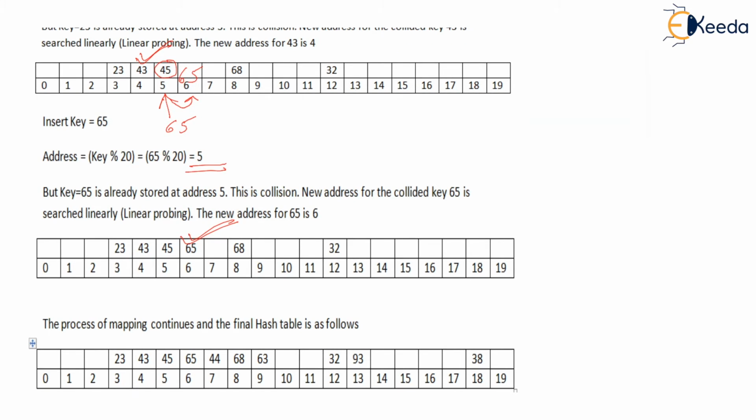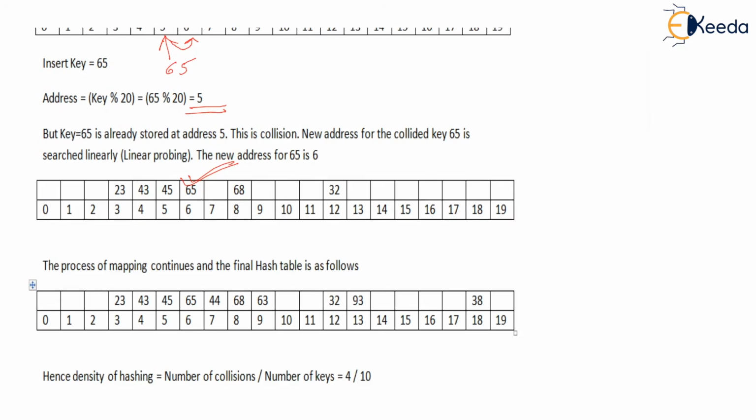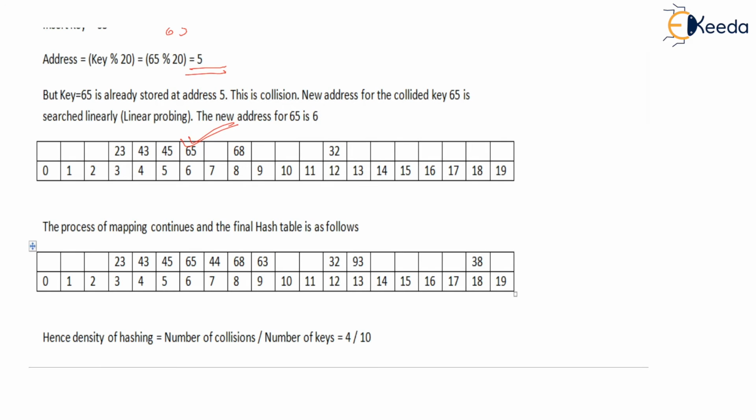It is 4, isn't it? 44 should get mapped to address 4, but it can't go to address 4 due to collision. Then using linear probing, these locations are full, but the seventh location, as you see, was empty. So 44 was stored here. And continuing in this fashion, we have got this hash table.